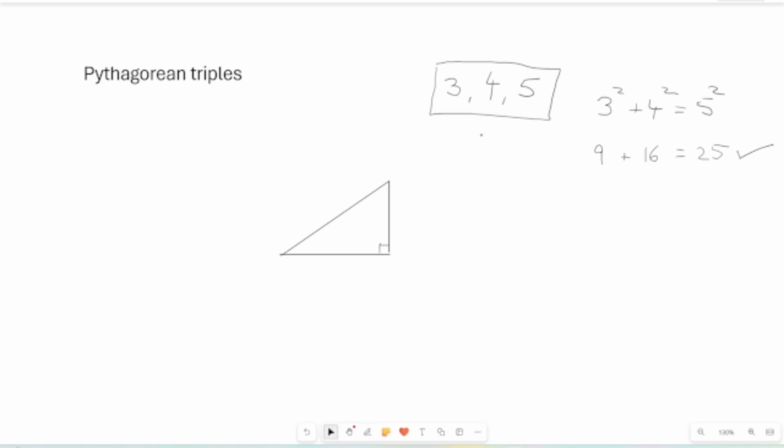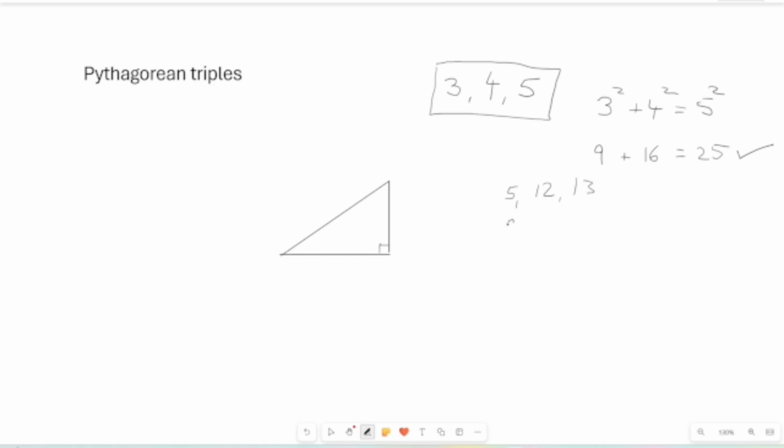There are other Pythagorean triples which result in whole numbers, and some of these, I'm not going to demonstrate them, but they are 5, 12, 13.